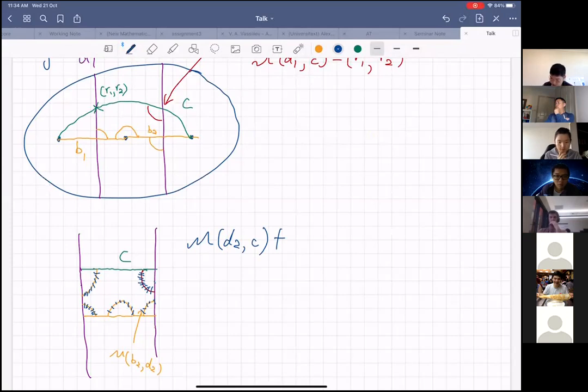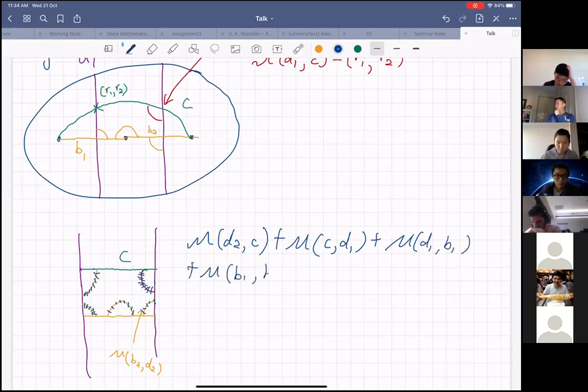So what we are adding is mu d1, d2, C, and mu C with d1, and then plus mu d1, b1, plus mu b1, b2, plus mu b2 d1. Correct? Yeah.